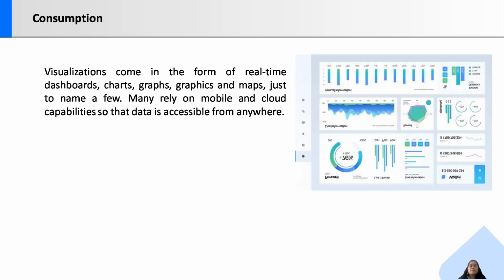Once you've done all the analysis process, most importantly we have to visualize the data. What kind of data you took, how you analyzed it, how you stored it, all those things are done in the previous steps. So we have to present the data with the help of real-time dashboards or charts, graphical representations or map representations.